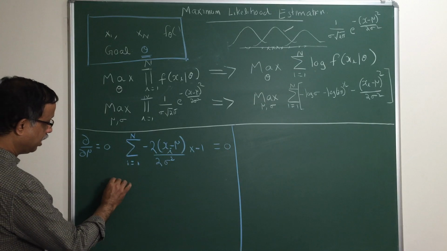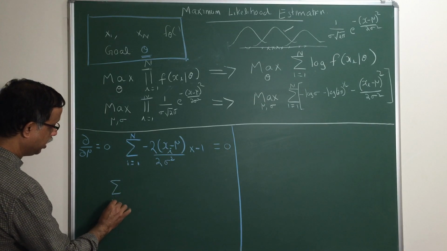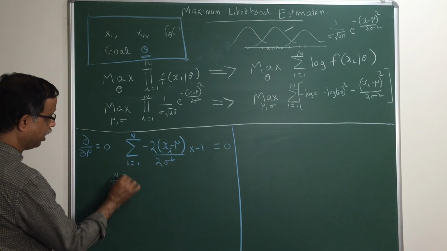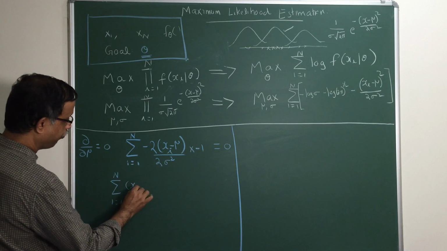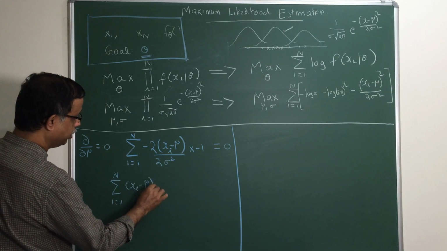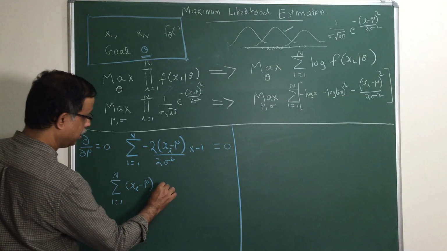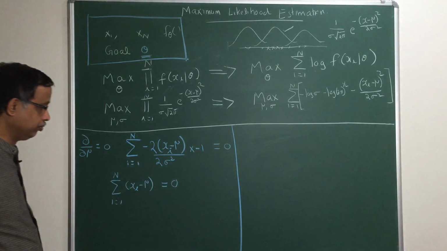Or we can write this as sum i equal to 1 to n, xi minus mu is equal to 0.